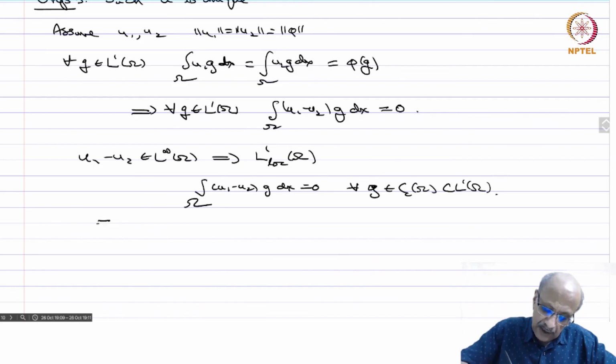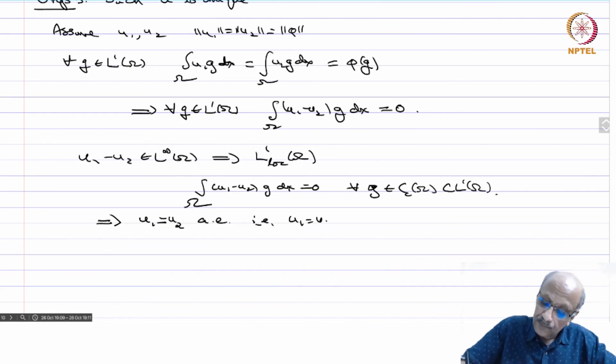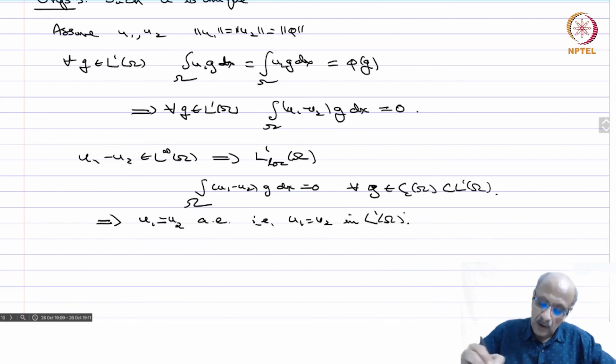And therefore by our previous proposition which we proved, this implies that u1 equals u2 almost everywhere, that is u1 equals u2 in L1 of Omega. So the mapping phi going to u is well defined.